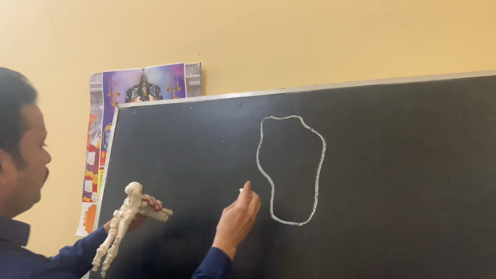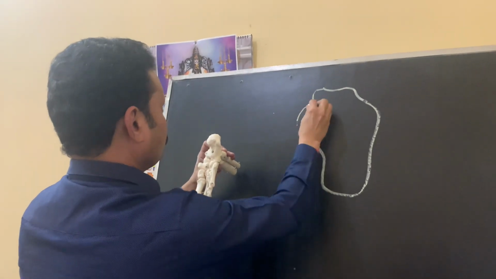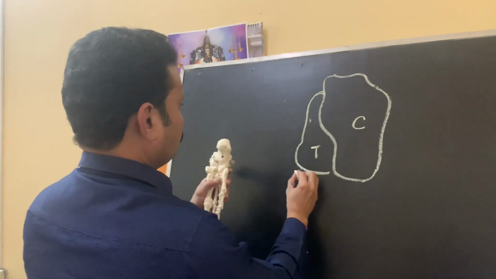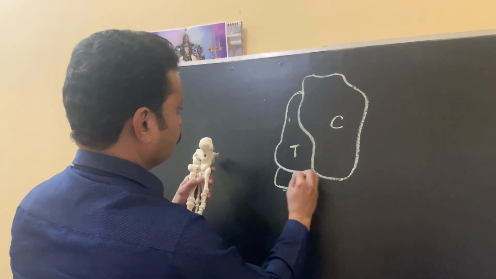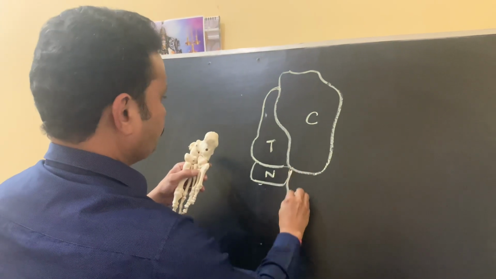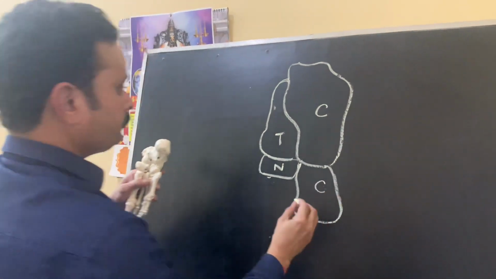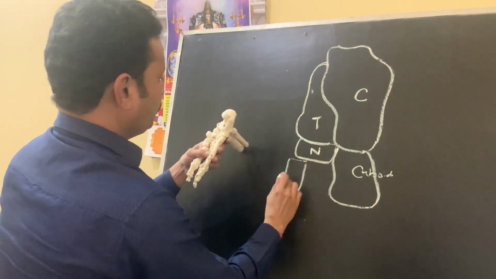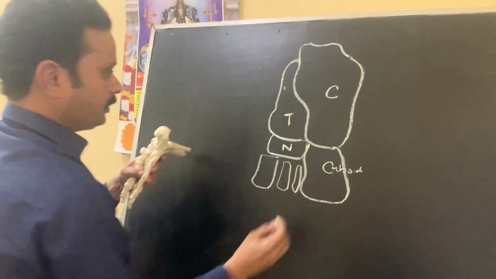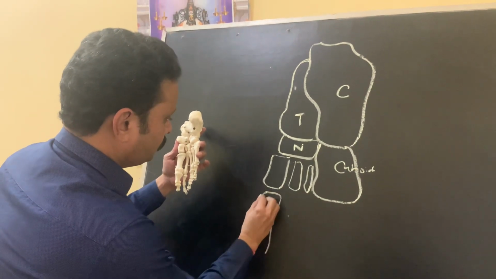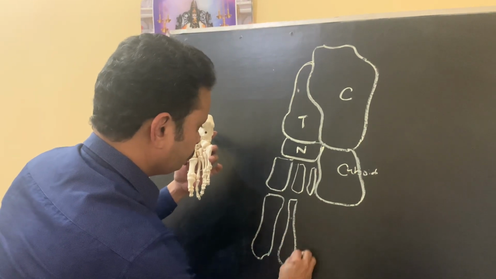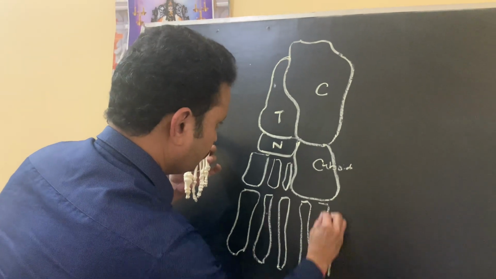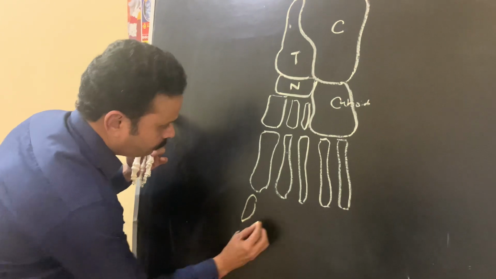So this is calcaneum, this is talus, this is calcaneum, this one is navicular bone, and this one is cuboid, and we have medial cuneiform, intermediate cuneiform, and lateral cuneiform, and these are the metatarsals, first metatarsal, second, third, fourth, and the fifth metatarsal bone, and similarly the phalanges.